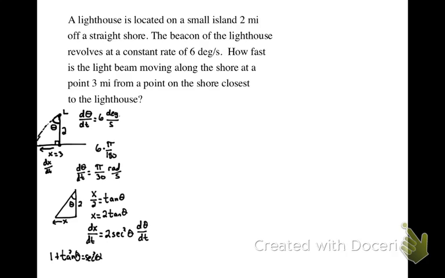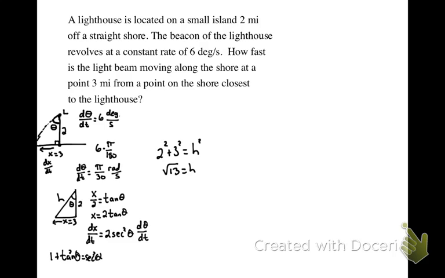So let's go back to our drawing so we know how to substitute. We want to know specifically when x equals 3. And since I know I would need to think about this in terms of cosine, this means that in that right triangle, 2 squared plus 3 squared equals the hypotenuse squared, or the square root of 13 is the hypotenuse.